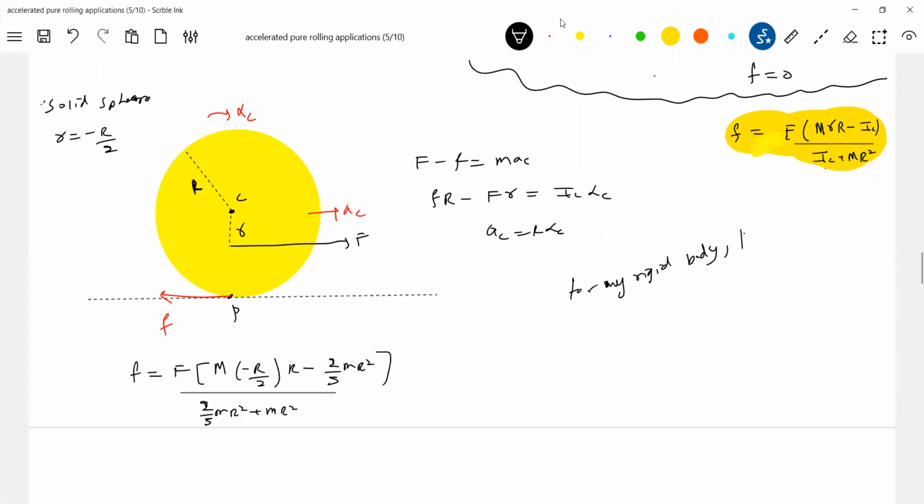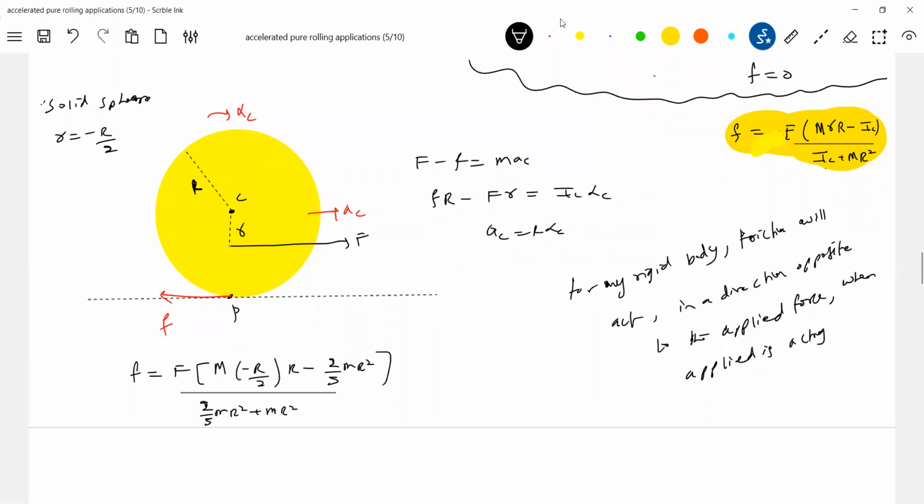For any rigid body, friction will act in a direction opposite to the applied force, when the applied force is acting at a point below the center of mass.